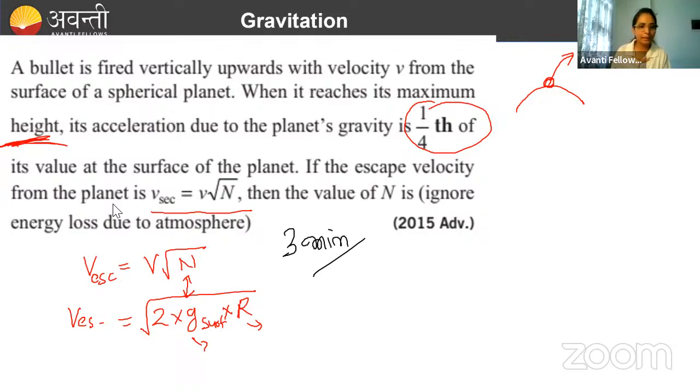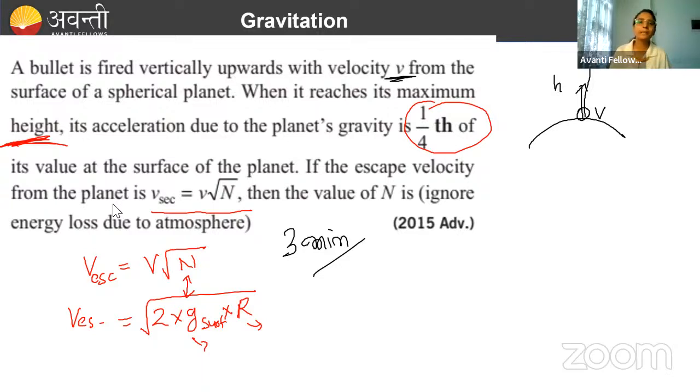So look carefully at what we will be doing here. What is given here? It is thrown with velocity v, and at maximum height, suppose this was the surface of the planet, and from here it was thrown up with velocity v, and at maximum height, suppose h, the value of g is given at this point.